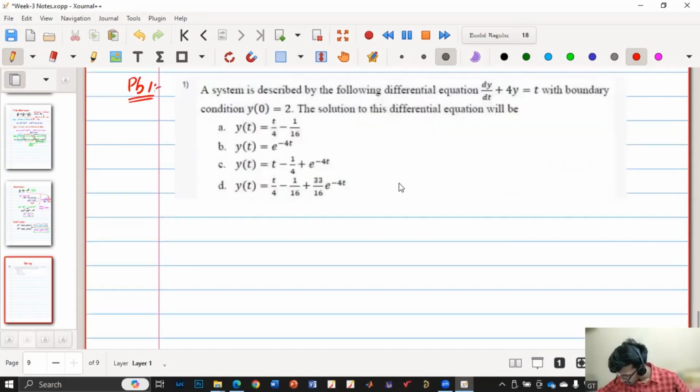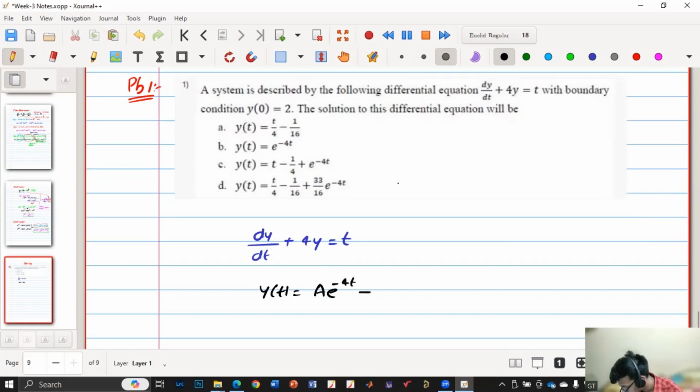So what will be the general solution? It is equal to e to the power minus 4t times some constant, plus kt plus k1.